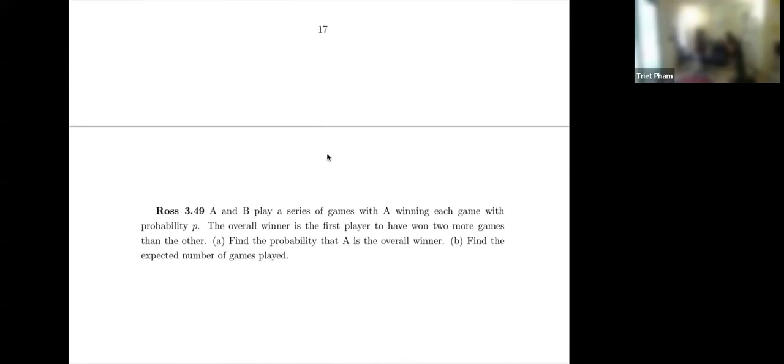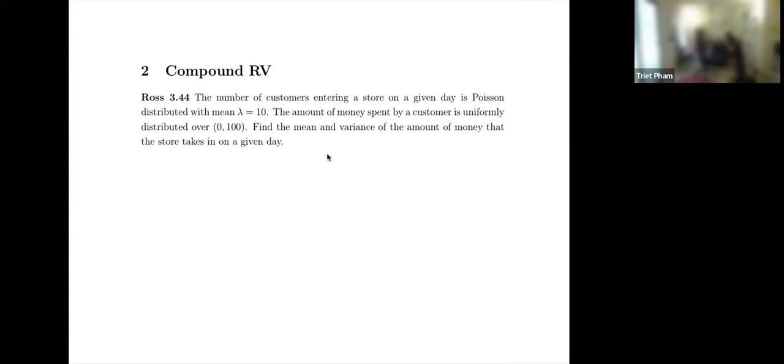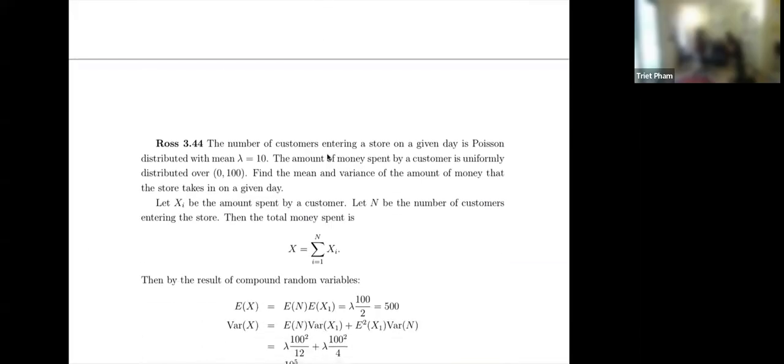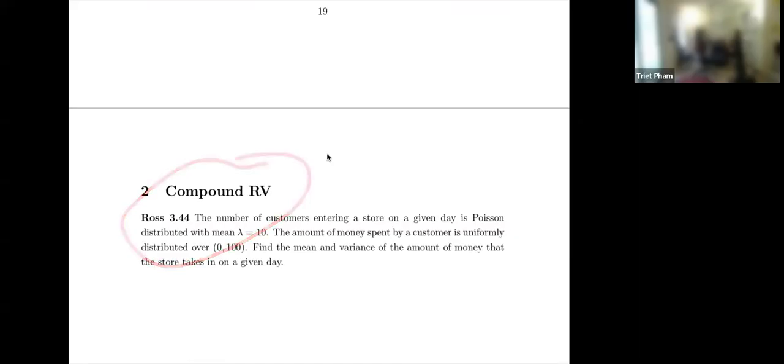I think we talked about this. So yeah, let's finish with this, and this will be it. This will be the last problem we'll do for this lecture, and then we'll move on to Markov chain next week.